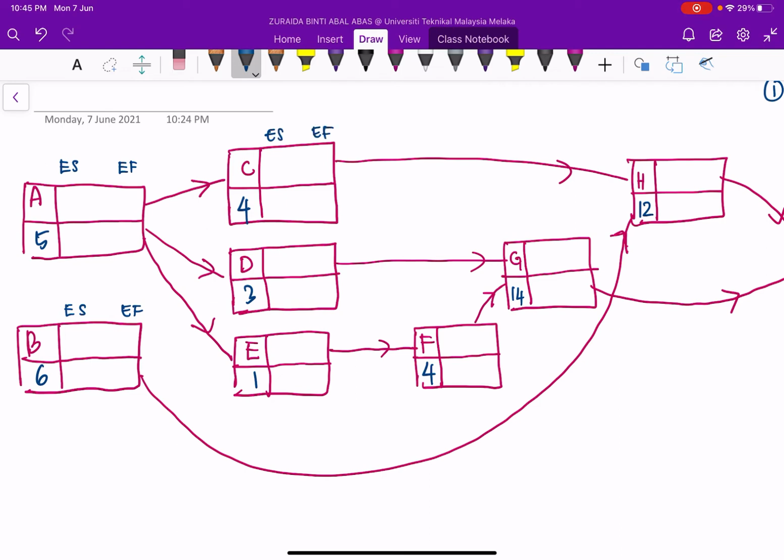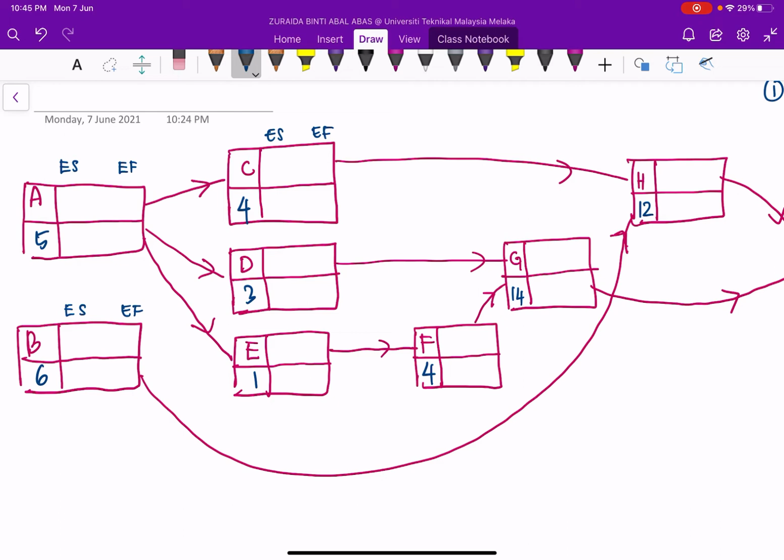I'm not going to put it all in, but you have to know that the first one in the first row is the earliest start time, and the second one in the first row is the earliest finish time.